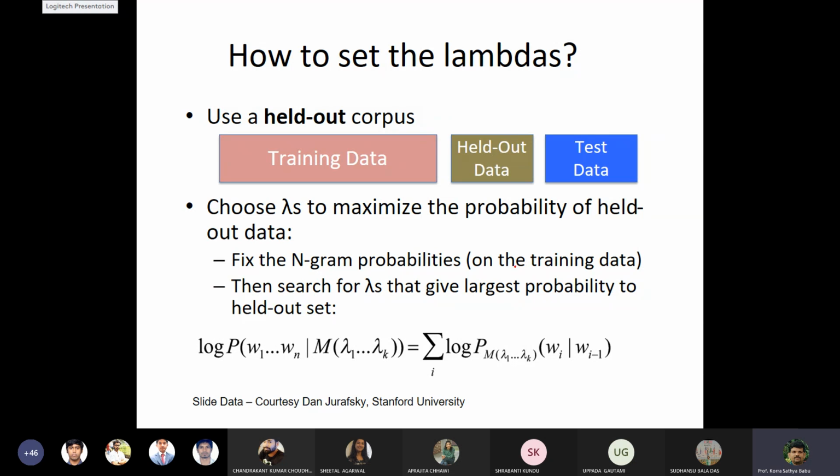So the maximized lambda is the sum over i of log p of wi given wi minus 1, under the maximized lambda.